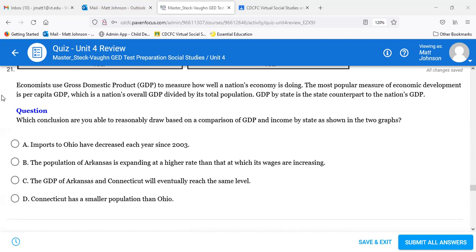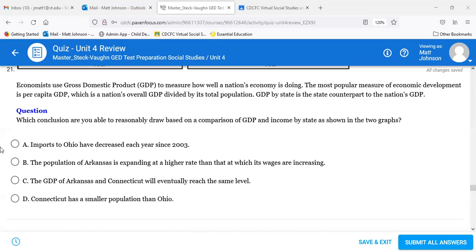B, the population of Arkansas is expanding at a higher rate than that at which its wages are increasing.